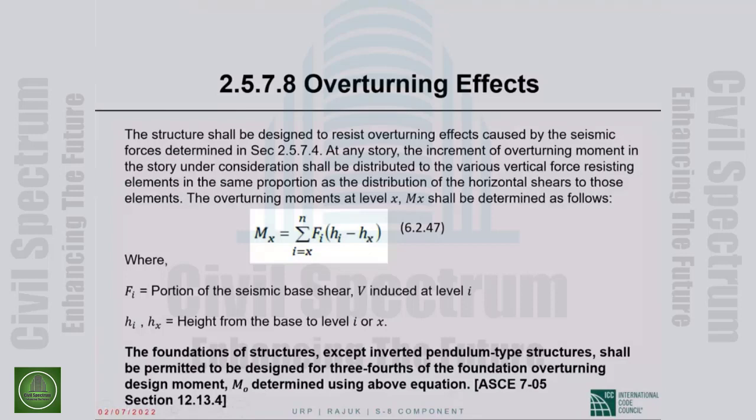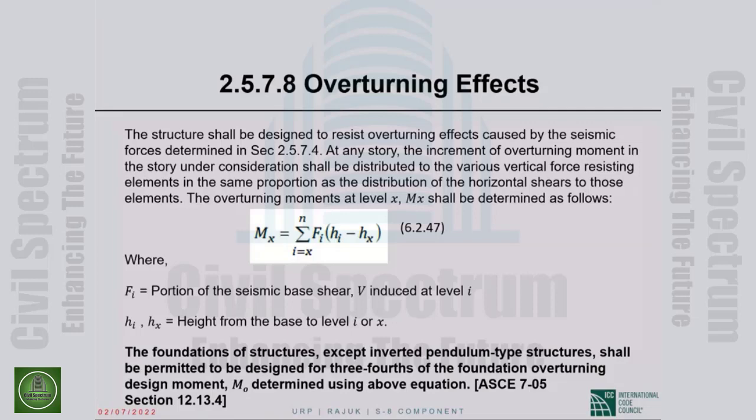Now, the foundations of structures, except inverted pendulum type structures. This is like a water tank where all the mass is at the top. The foundations of structures, except inverted pendulum structures, shall be permitted to be designed for 3/4 of the foundation overturning design moment M sub 0 determined using the equivalent lateral force procedure.